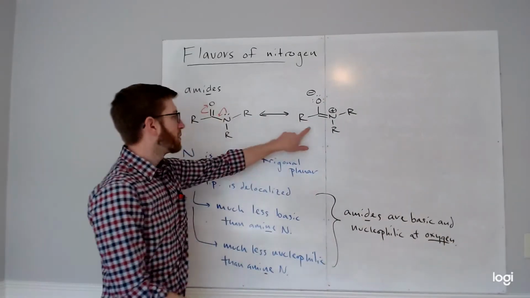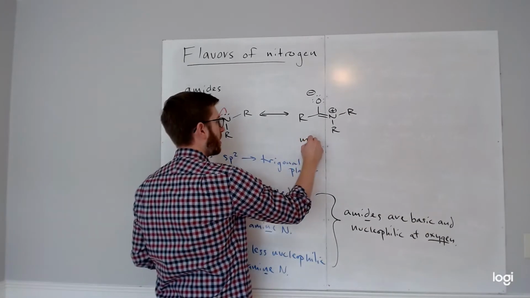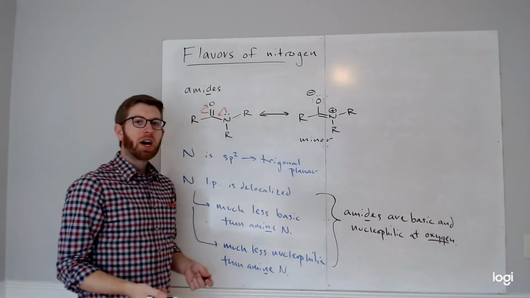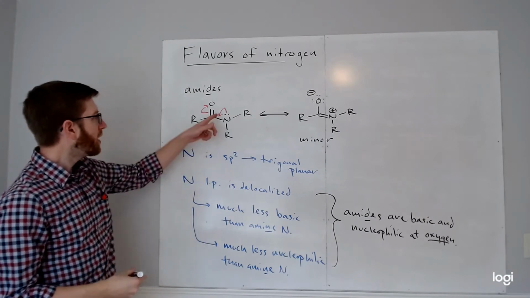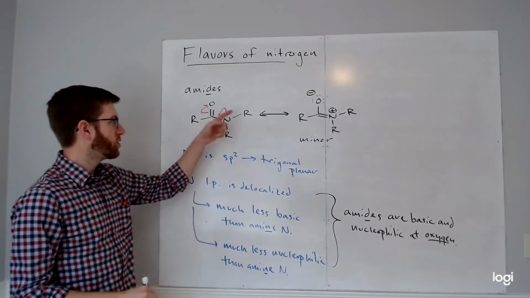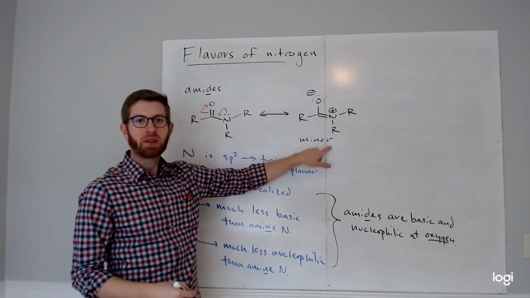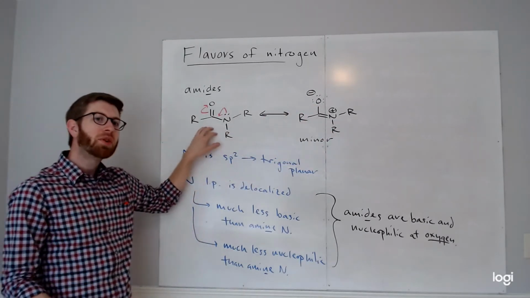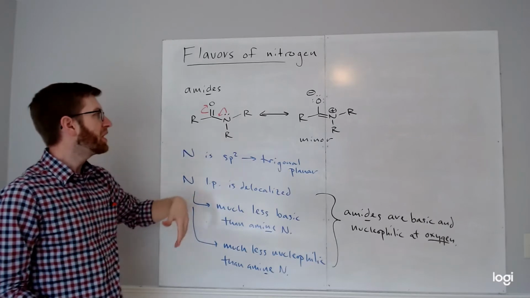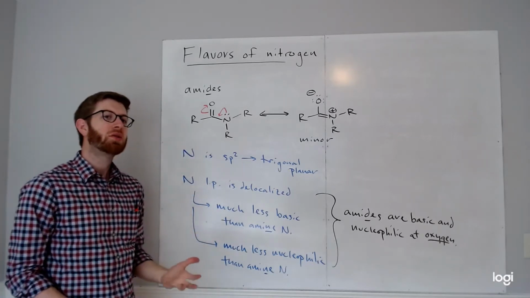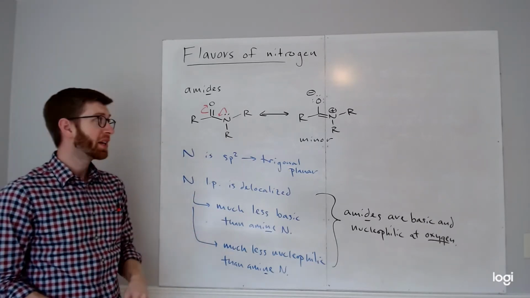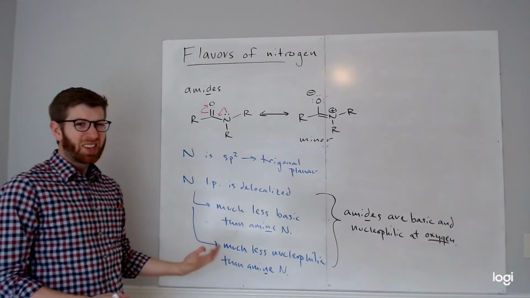And I think this minor resonance structure tells us why. This lone pair exists heavily on an oxygen, and if we mix together the charges that we get from the minor resonance structure with the neutral form that we usually would draw, we find that really it's the oxygen that's unusually electron rich. It's going to have a partial negative charge, and nitrogen is actually kind of electron poor.